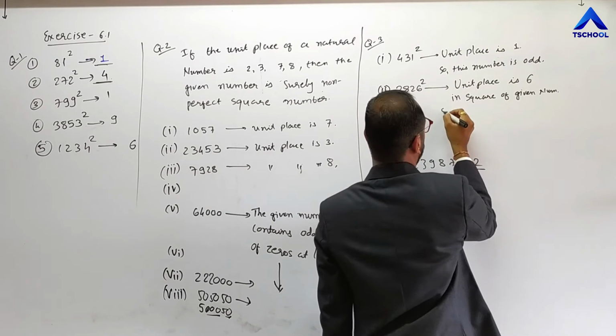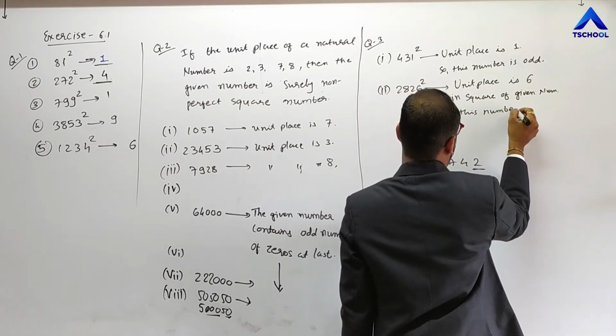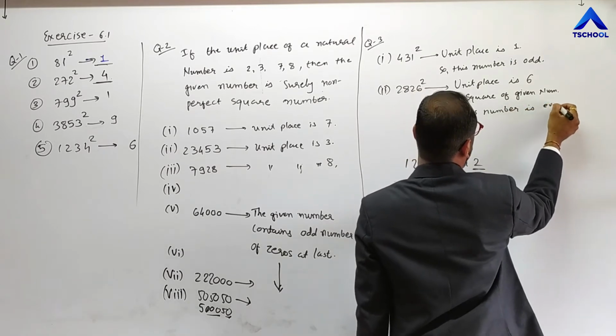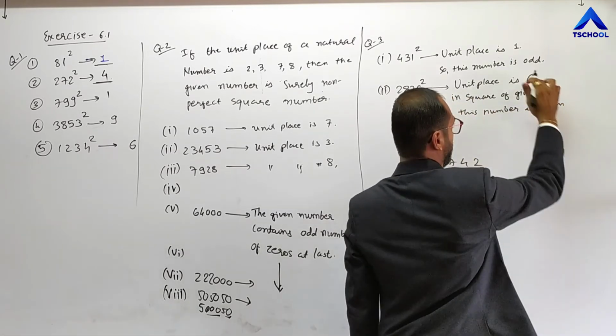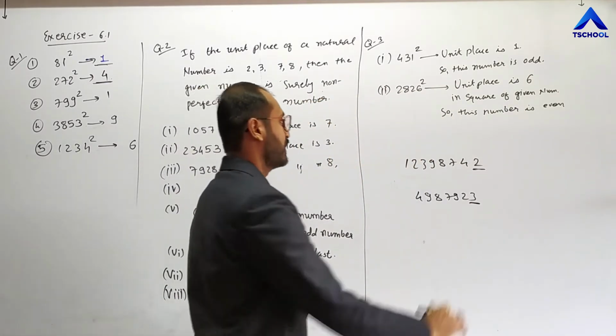Clear? So this number is even, because 6 is an even number, so its square will also be an even number.